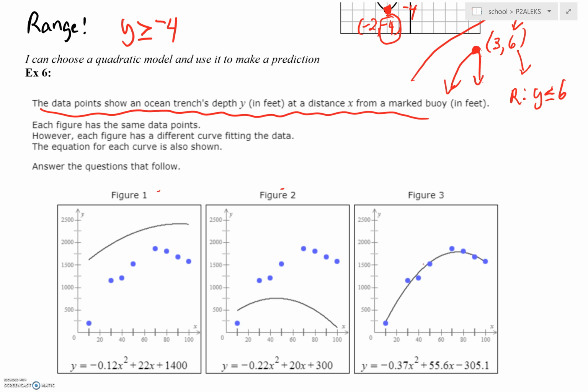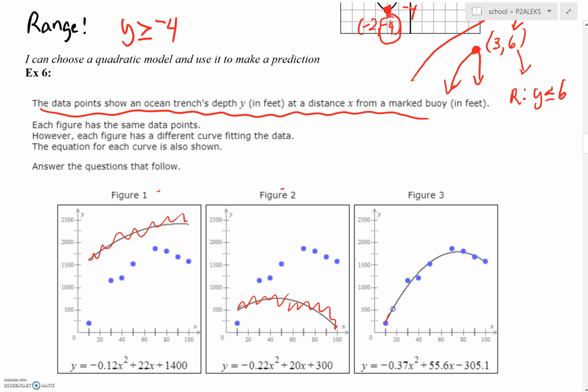Hopefully, you've done this in science. You plot some points and you try to get a line or a curve as close to your data points as possible. Look at figure 1. This curve is very far away from all the data points. Figure number 2, it's kind of going in the middle, but it's not really tracing out that pattern.